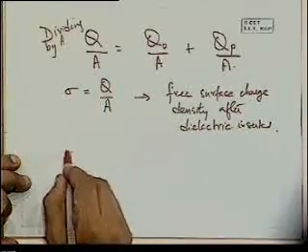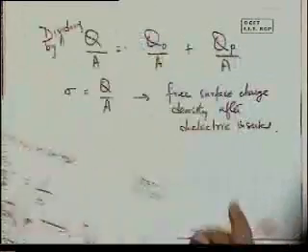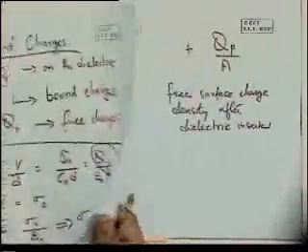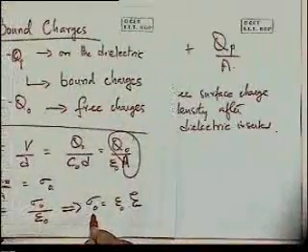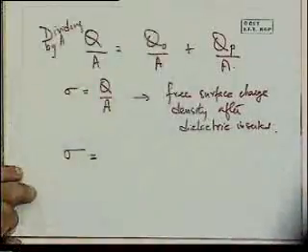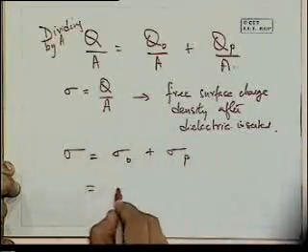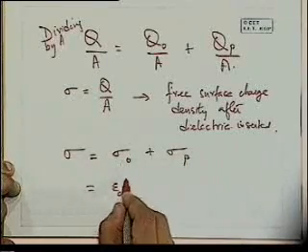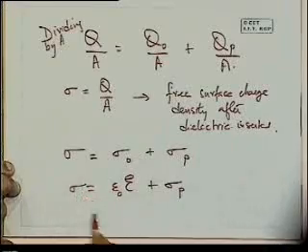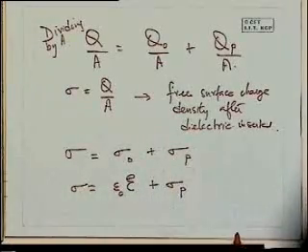So I substitute there: sigma is equal to sigma naught plus sigma P, and then make the substitution, sigma naught is equal to epsilon naught times the field, plus sigma P. Just substituting for sigma naught there.